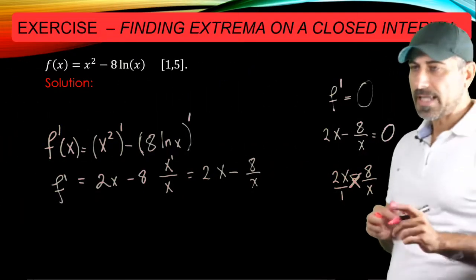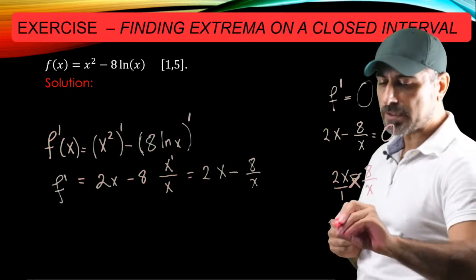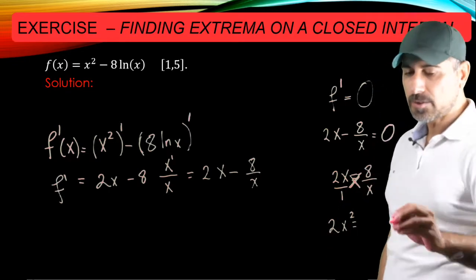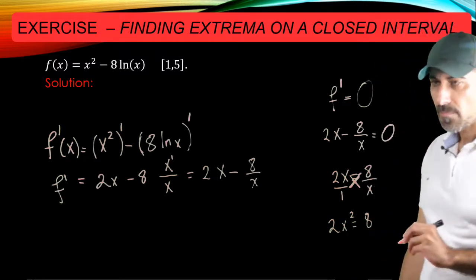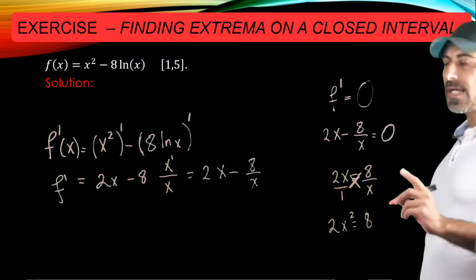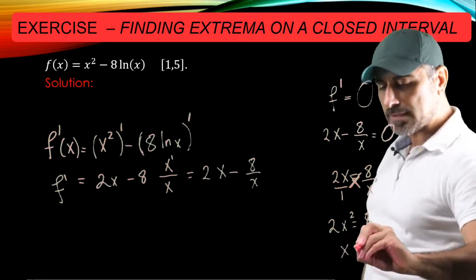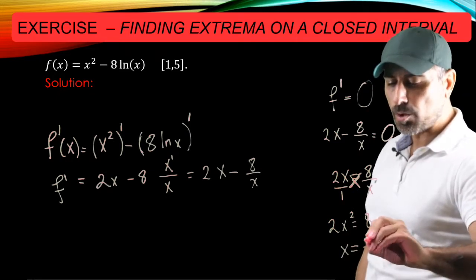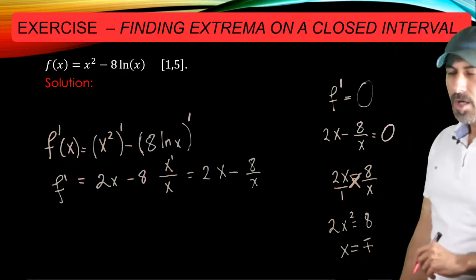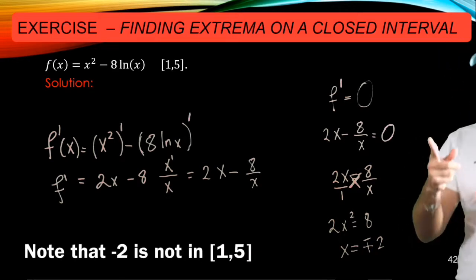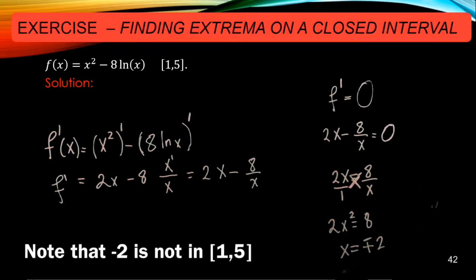On the left you have 2x times x, which is 2x squared. On the right you have 1 times 8, that's equal to 8. Dividing both sides by 2 and taking the square root of both sides, x turns out to be plus or minus root 4, which is 2. Two critical numbers coming out of f prime set to 0. These are plus or minus 2.